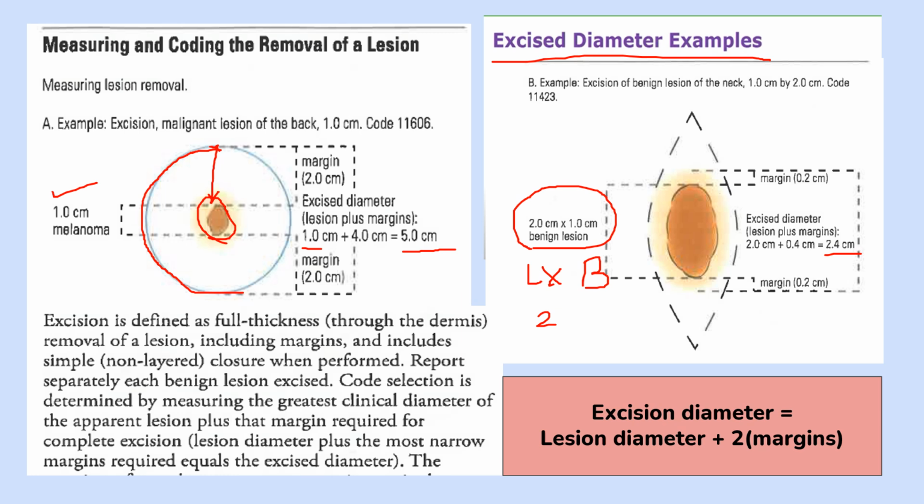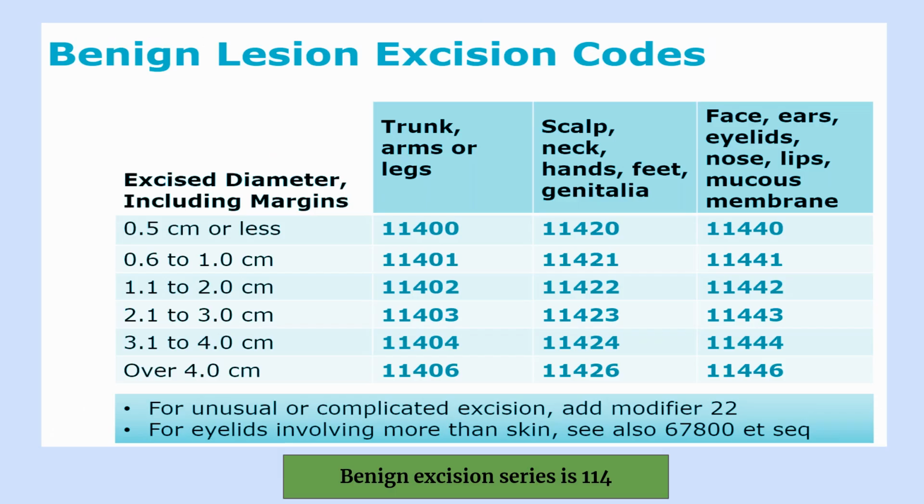Everywhere, whenever you are taking the benign and malignant, check whether the lesion is benign or malignant. Check whether they have given the excised diameter or whether they have given the lesion plus the margins. In that case, you will have to use the formula to add the margins and lesions and then code for the excised diameter. So here, these are the codes.